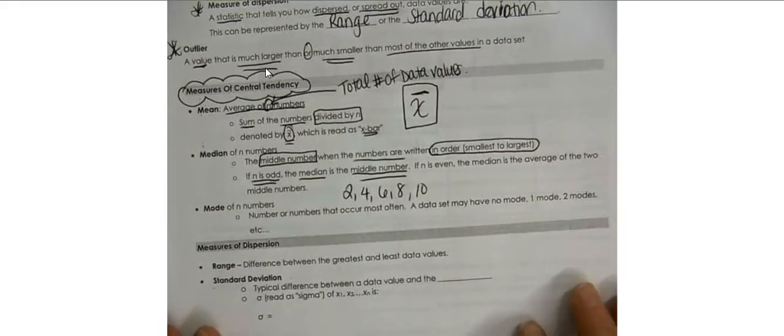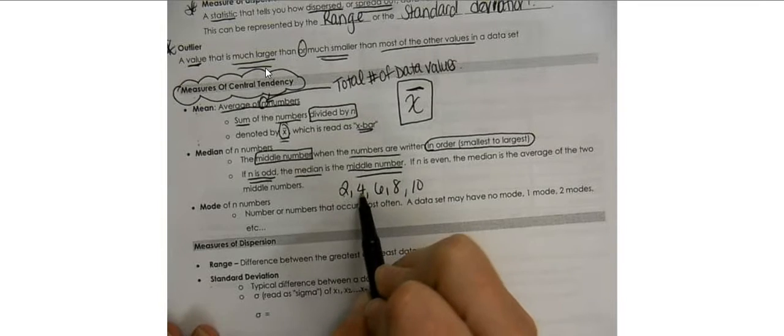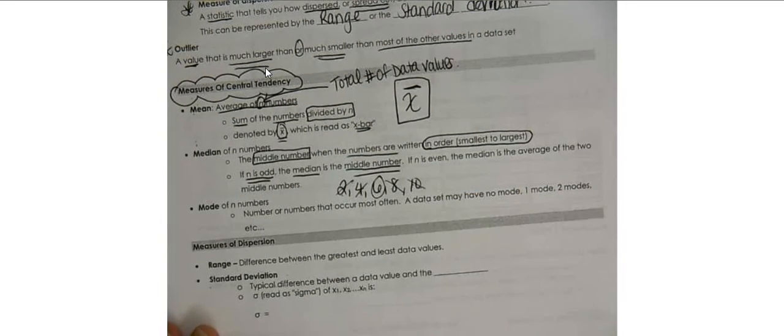Also, if n is odd, then the median is the middle number. So for example, if you have 2, 4, 6, 8, and 10 as your data values, your median is the middle number. There's a total of 5 values, and we're just going to cross off 1 on each end, and then another on each end, and 6 is the middle number. So our median in this case would be the number 6.